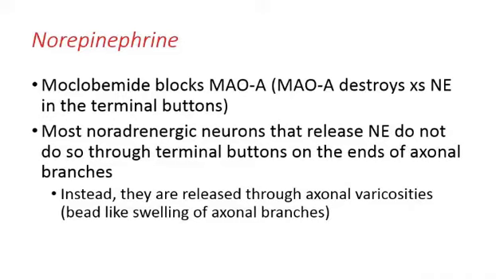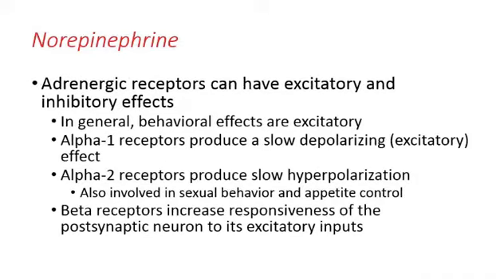Noradrenergic neurons have this curious feature where norepinephrine is released through axonal varicosities, which are bead-like swellings of axonal branches. So it's important to keep in mind these noradrenergic neurons are more associated with the axonal varicosities as opposed to the terminal buttons that dopamine and acetylcholine, for example, would use.